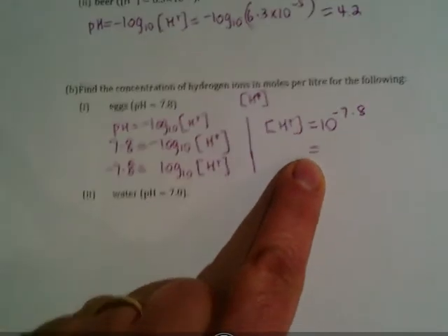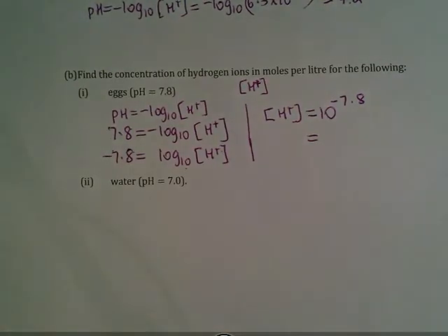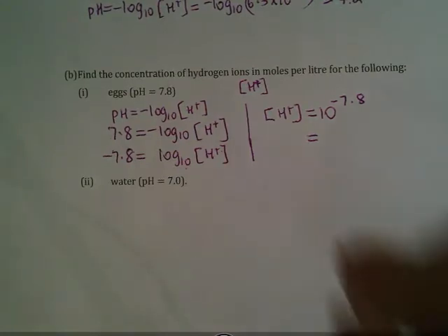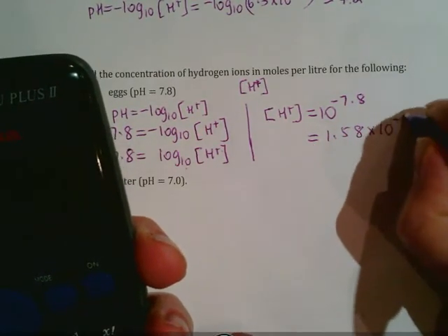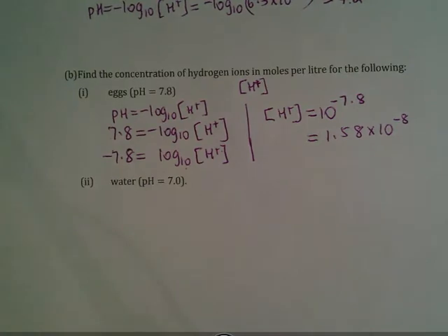So you need your concentration like that. Put 10 to the power of negative 7.8 in your calculator, and you get 1.58 times 10 to the power of negative 8. So that's your hydrogen ion concentration.